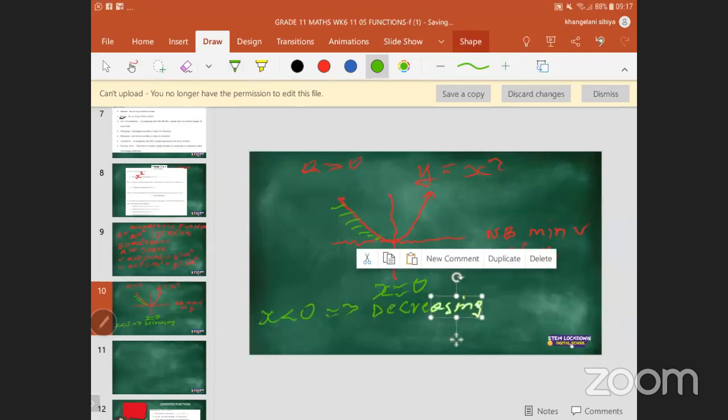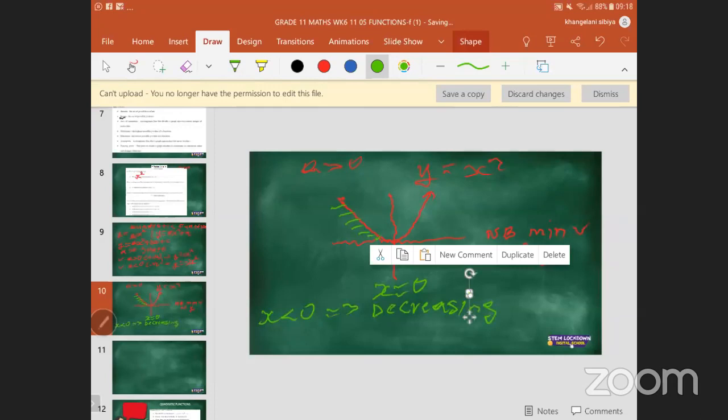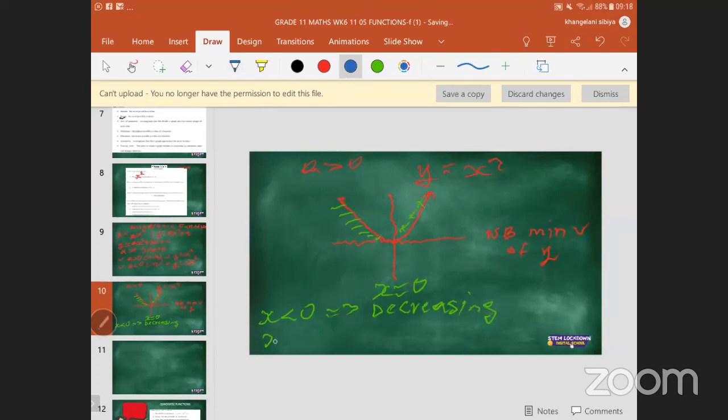But from the other side, let me use another color. You will see from the right, whereby our x is greater than 0, you can see that your curve is increasing. I'm sure you now understand this thing of increasing and decreasing of the curve. So that is what is important to take note of.